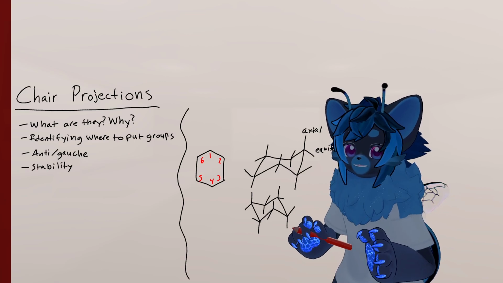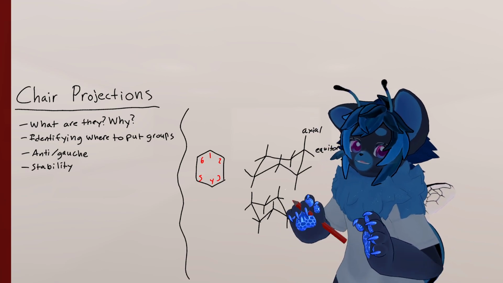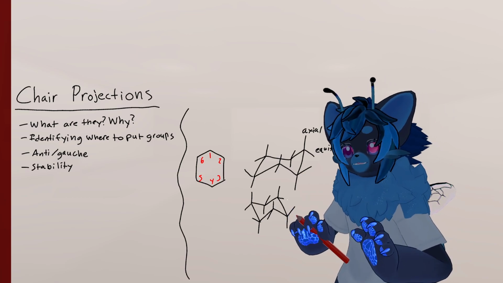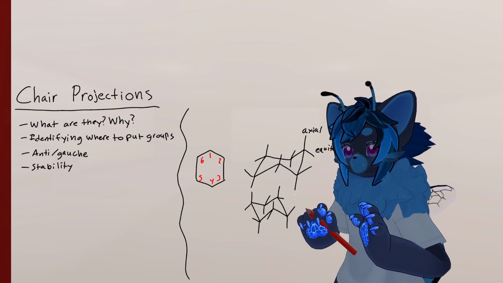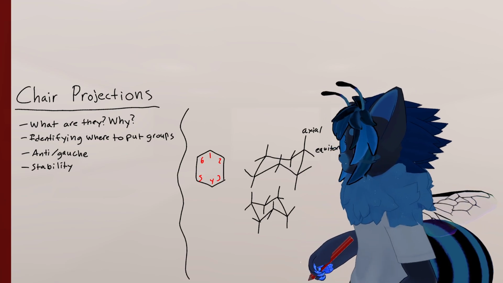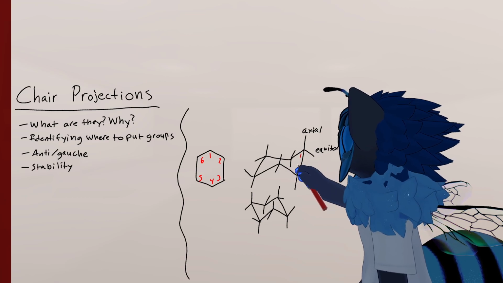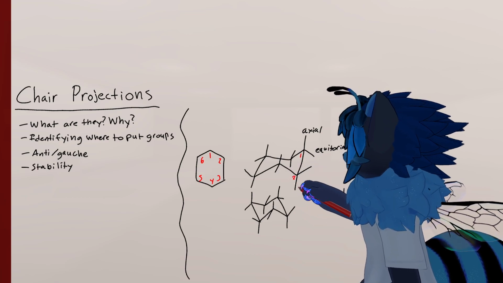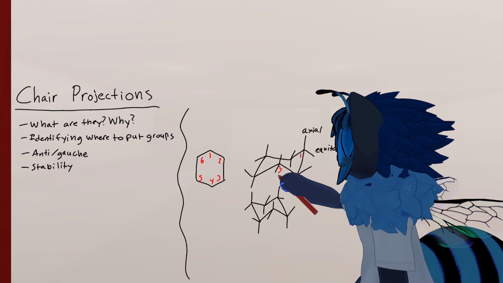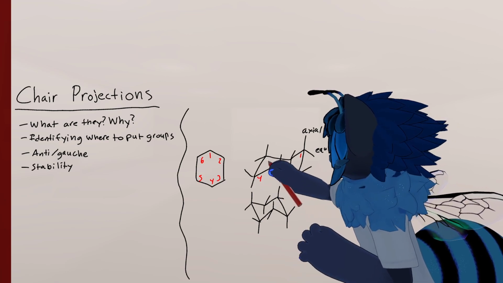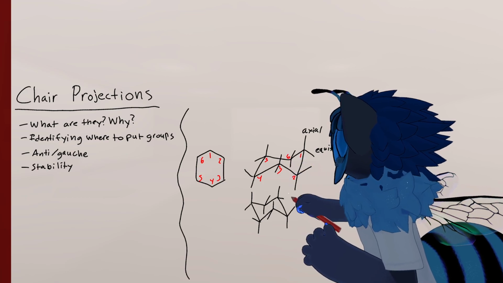I'm not going to change it so that carbon 1 becomes carbon 2. The carbons are going to stay the same number. The same number means the same carbon. So if I were to pick this first chair, I'll just label it going clockwise: 1, 2, 3, 4, 5, and 6.